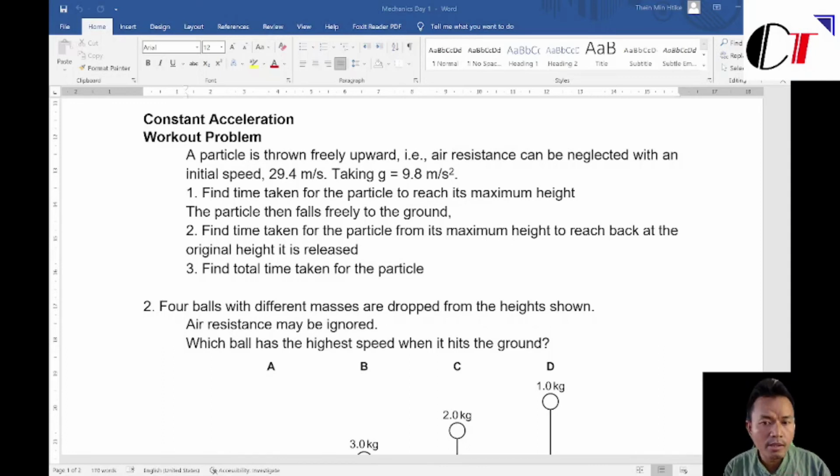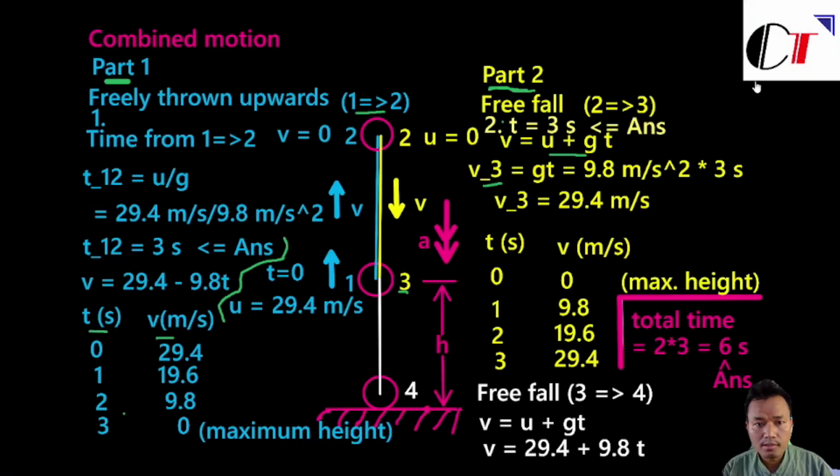This is the way we try to understand the problem. Now let's see the workout. If you understand the theory that we have just discussed, the problem is in fact quite straightforward. But here we will do more than what has been asked in the problem.